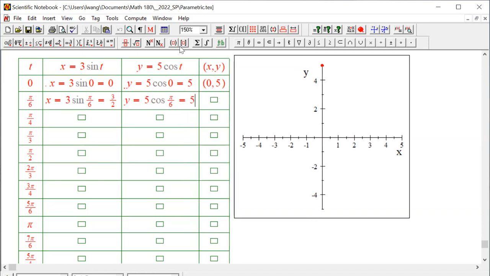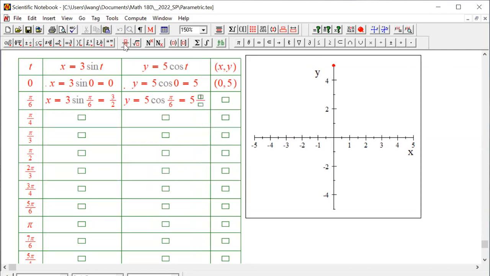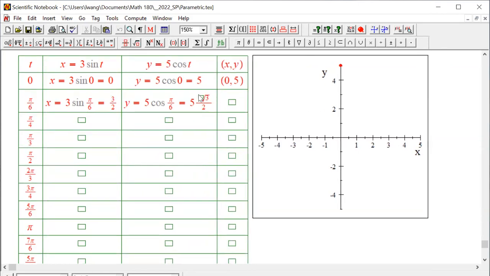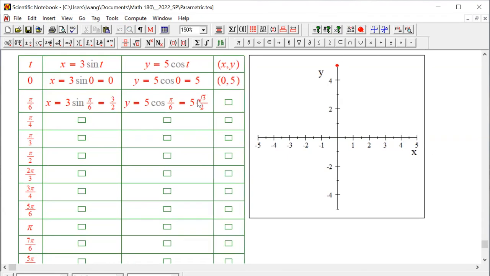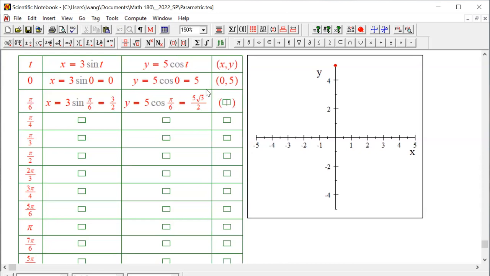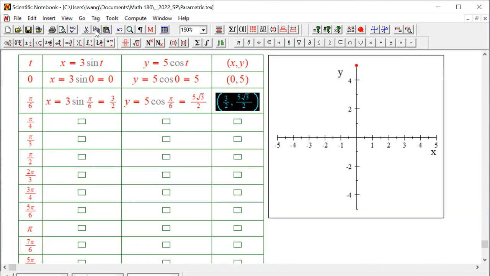So you're going to have 5 times root 3 over 2, right? So put the 5 on the top. There you go. So you get a point and you see where that point goes, right? This is x and that is y. You can see that there's no fundamental difference in terms of the way we do it, right?